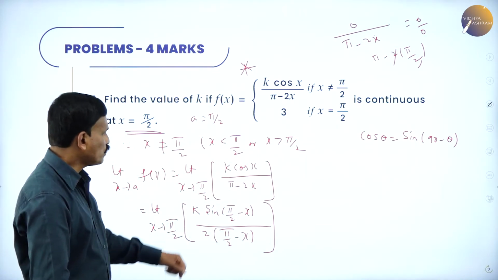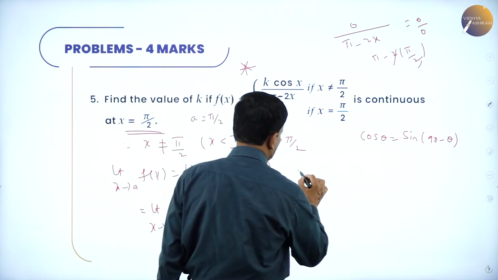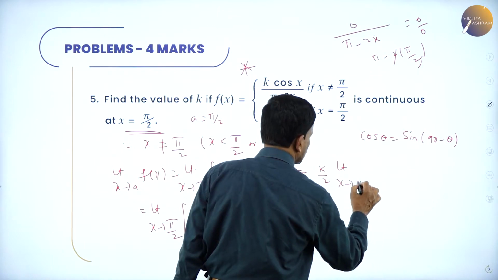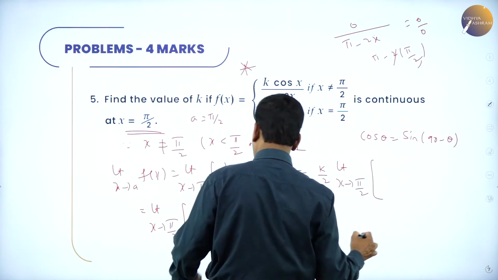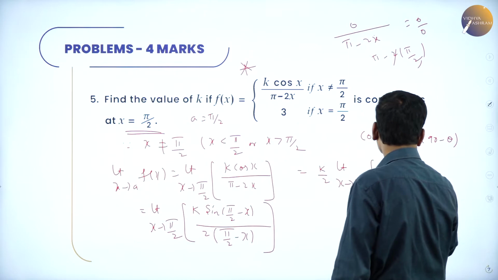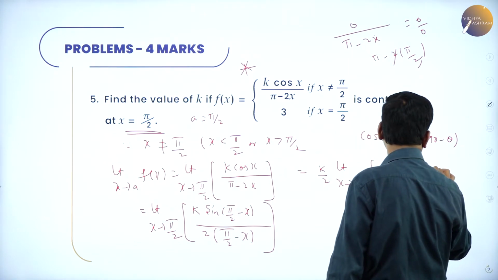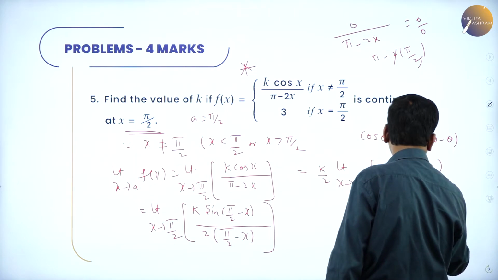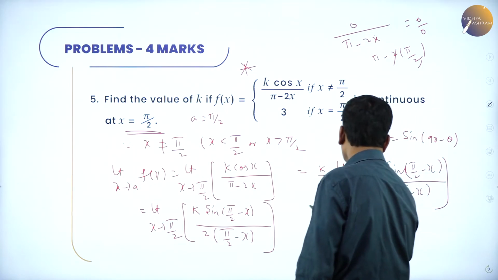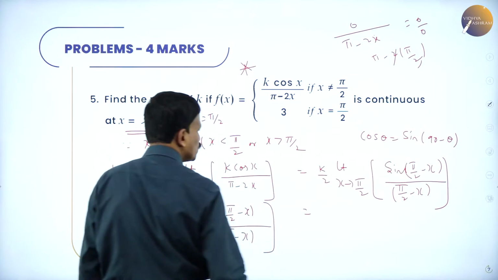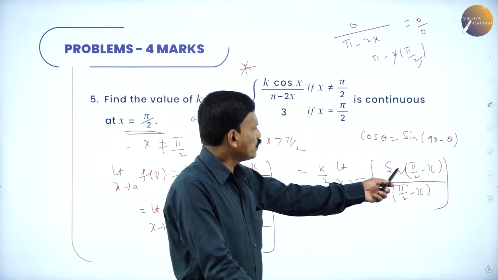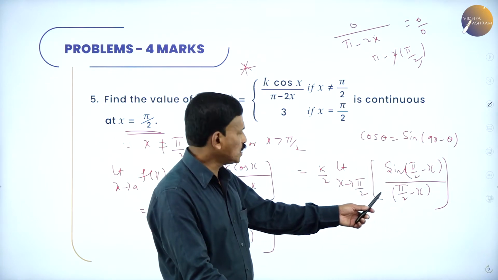Now you can take k by 2 as a common factor out, and what is remaining is limit x tends to pi by 2 of sine of pi by 2 minus x divided by pi by 2 minus x. If you observe carefully, this is of the form sine theta by theta. You can take the substitution, put pi by 2 minus x is equal to theta.